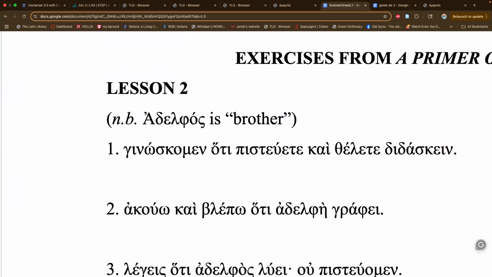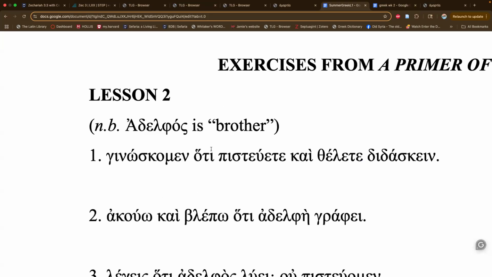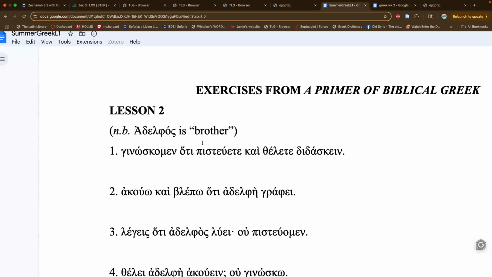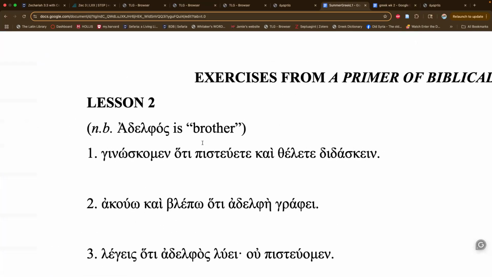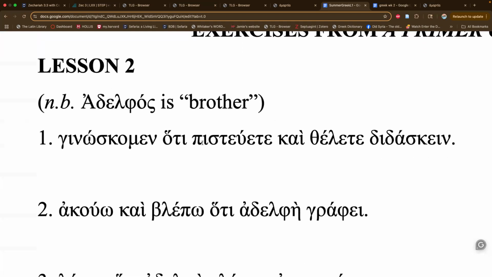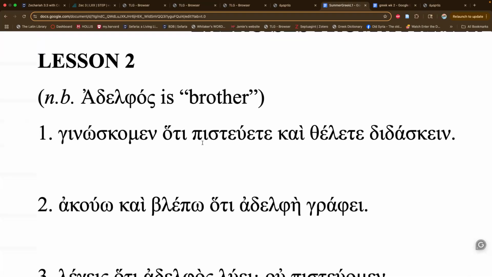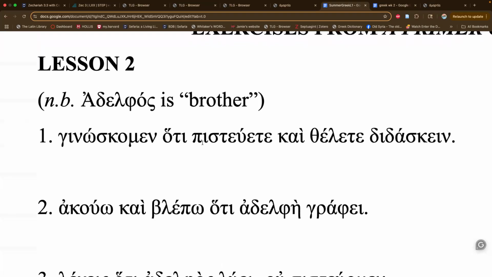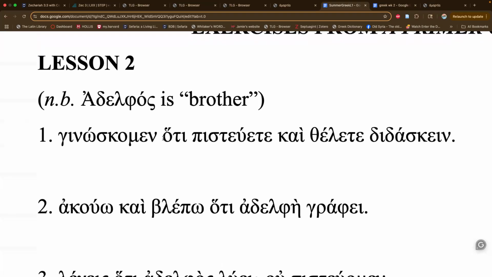It was great. And then I guess you guys, well, no, we won't translate. So does anyone want to? Yes. So this one, ginoskomen, and this is something that hopefully we'll get the chance to look at later, but we'll go at whatever speed we need to. This amen ending.